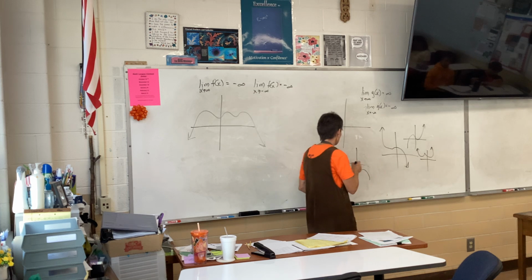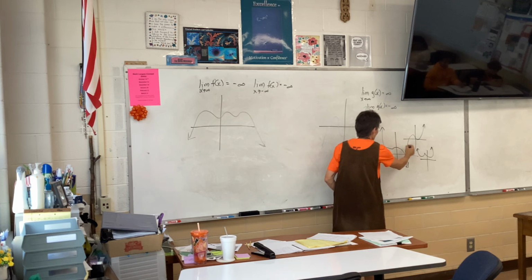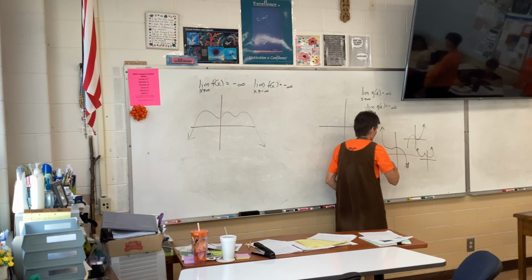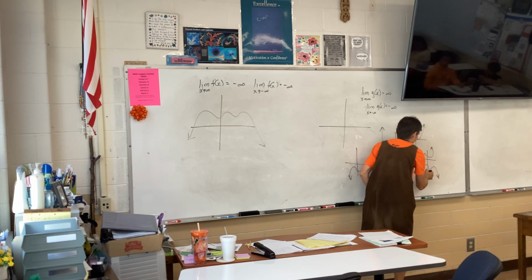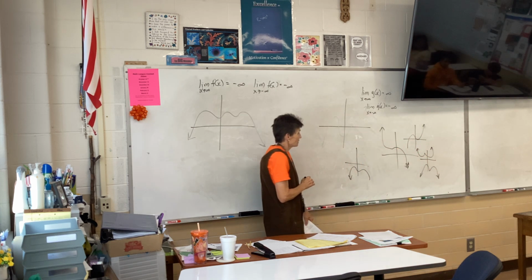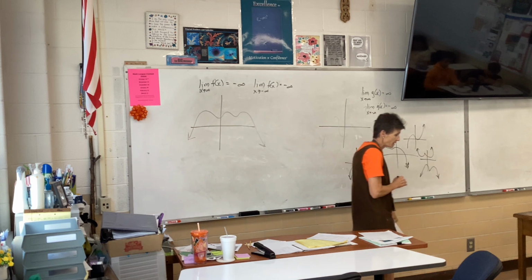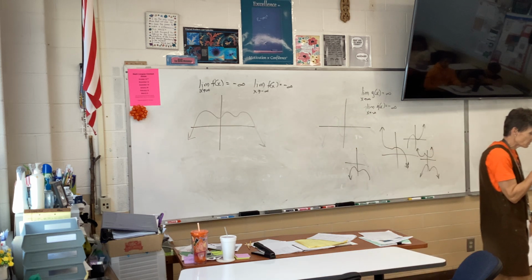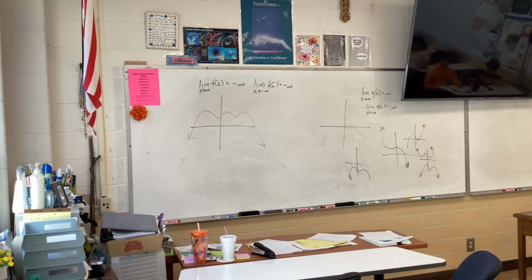Go down. If the leading coefficient is negative, the right side is going to go down no matter what. So the right side will always go up if the coefficient is positive, and it will always go down if the coefficient is negative.